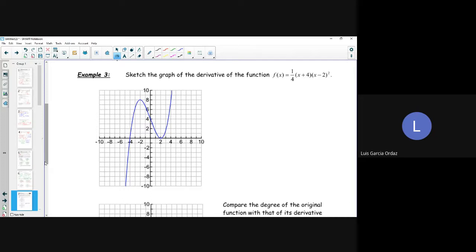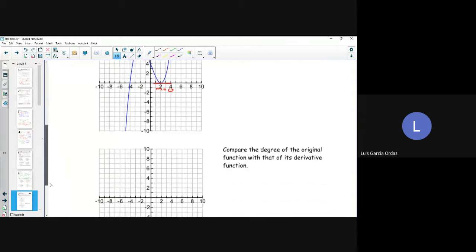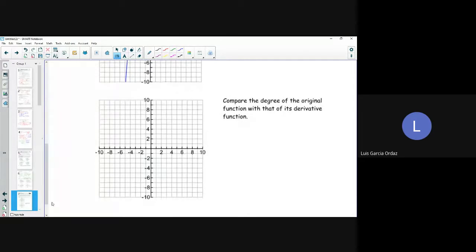At -2 and 2. So here my slope is equal to 0, and here my slope is also equal to 0. Now what the definition is saying is that the x-intercepts of the derivative are going to be where my slope is 0 for the original function. So if I were to graph my derivative, I would have my x-intercepts at -2 and +2.